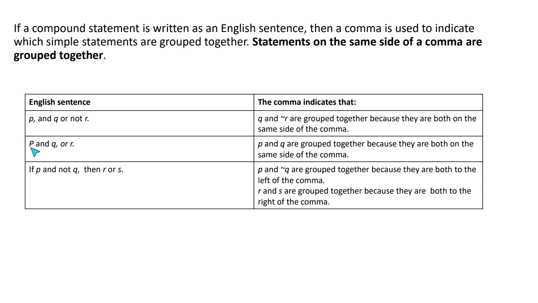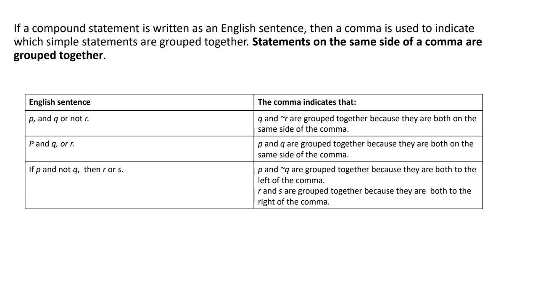On the second one, we have P and Q, so P and Q would be grouped together, and then the R would be by itself. If P and not Q, so there's my comma, that means that P and the negation of Q are together, and R and S are going to be grouped together.